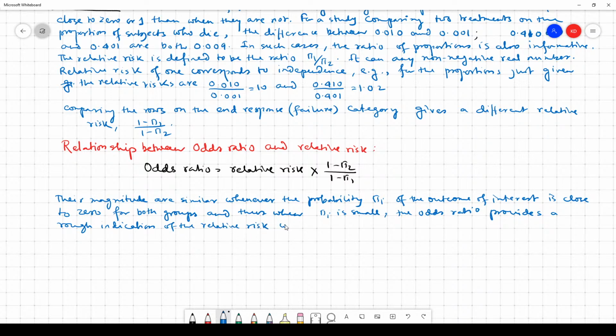When the relative risk is not directly estimable, such as in a case control study, we can compute the odds ratio.